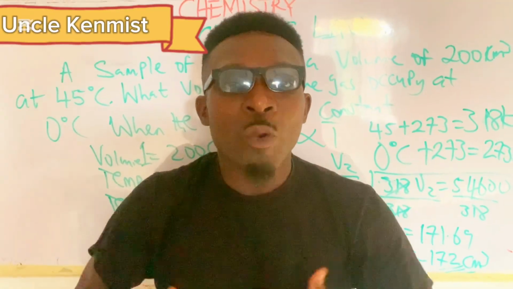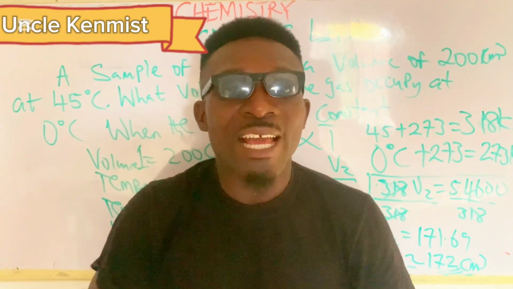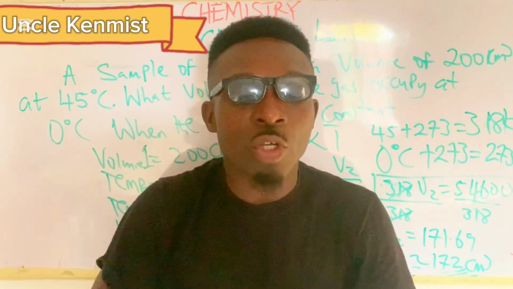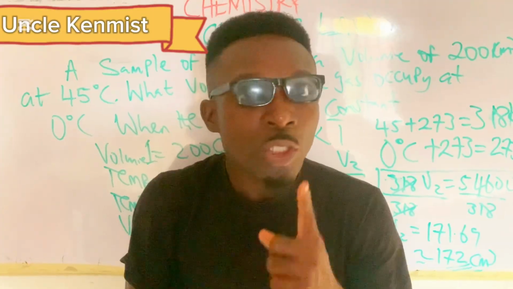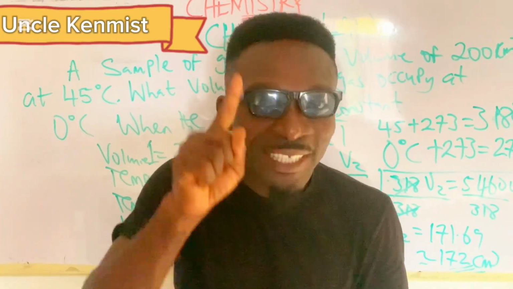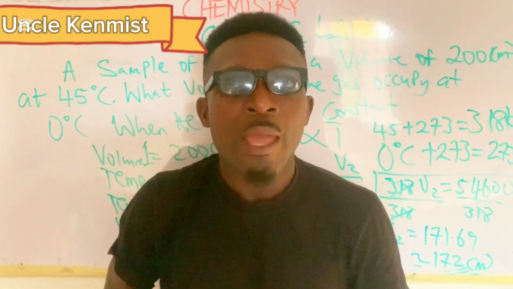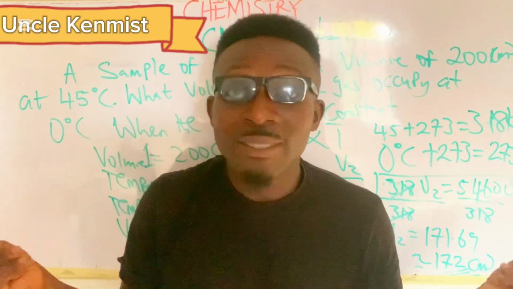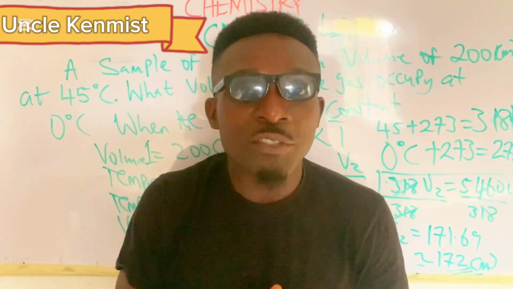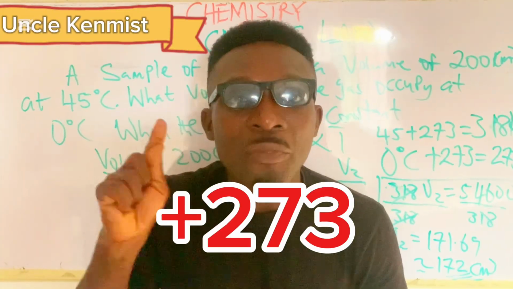It means when your question is given to you, and you realize that the temperature is given in degrees Celsius, do not forget, you have to convert the degrees Celsius into Kelvin. How do I convert degrees Celsius into Kelvin? Simple. All you have to do is to sum it up with 273.